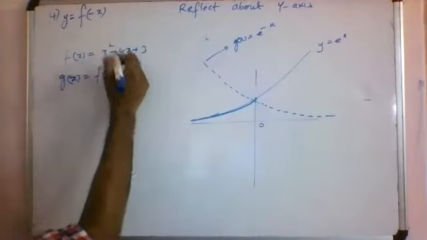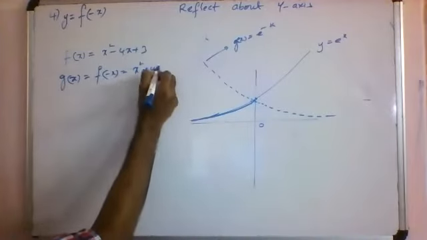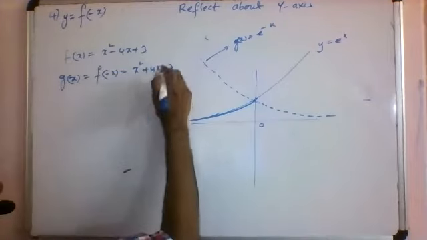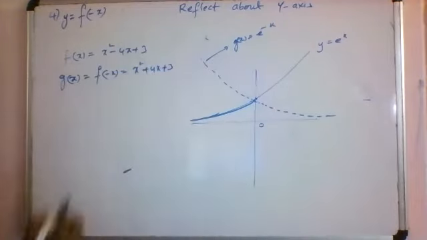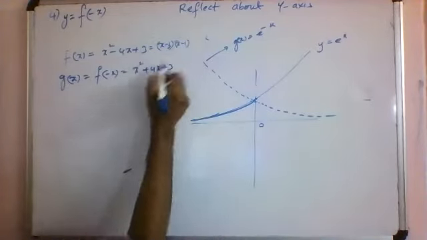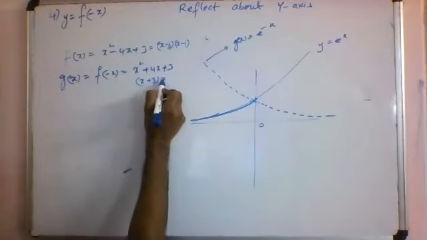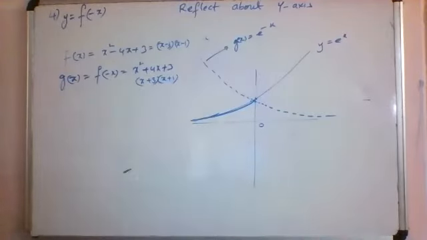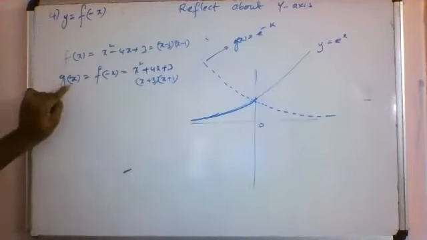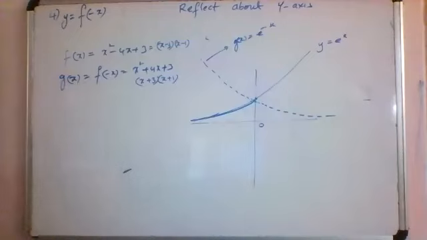If I put minus x here, that becomes x square plus 4x plus 3. f of minus x means only x changes. Here the factors are x minus 3, x minus 1. Here the factors are x plus 3, x plus 1. By taking this basic graph, we need to draw this. Now see how to draw this.